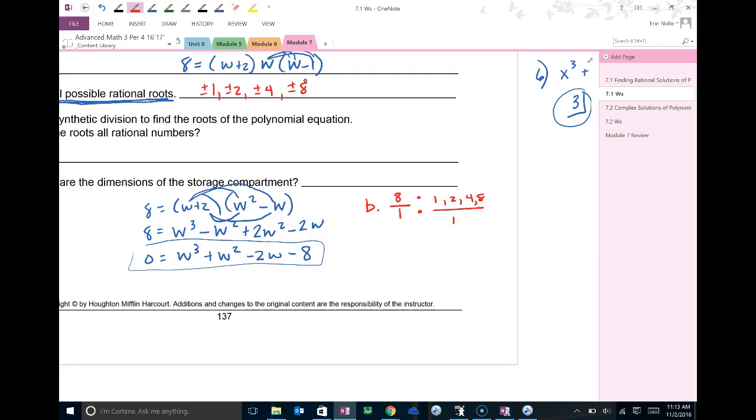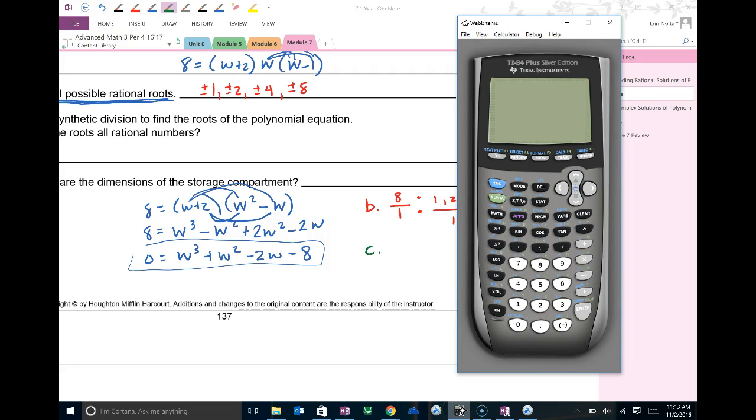8 possibilities. So how can I go ahead and narrow this down very quickly and solve this equation? Graph it. Okay, so we're going to graph it and see which of those it is. So I'm going to type in my equation. I'm going to use an x rather than a w.